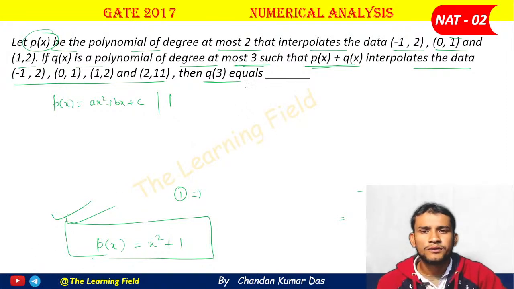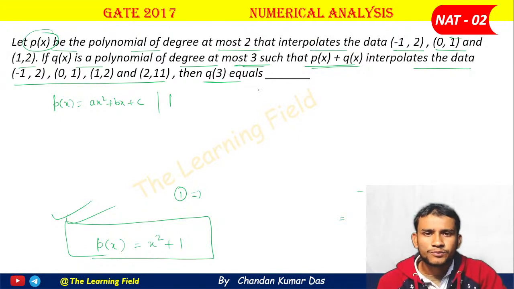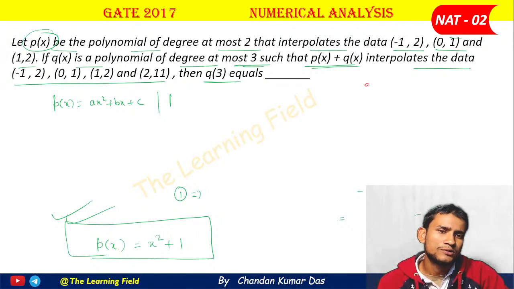Now it is given. Suppose Q(x) equal to, this is a 3 degree polynomial, therefore we can take ax cube plus bx square plus cx plus d.